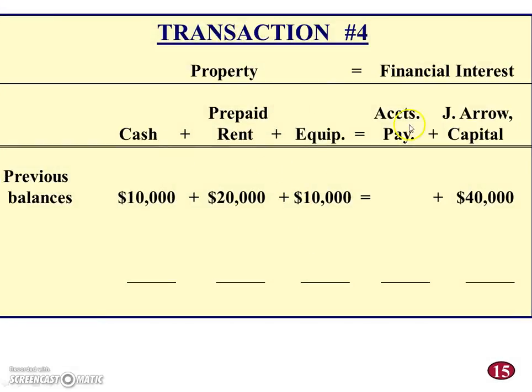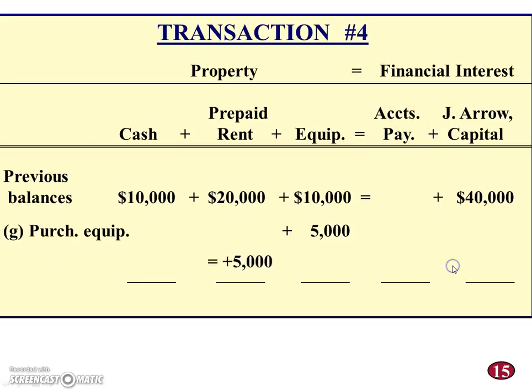Now let's take a look at this equation. So before, he had 10,000 in cash, 20,000 in asset and prepaid rent, and then equipment worth 10,000. And then the value of the business is ownership. It's worth 40. Now, he's purchased more equipment for 5,000. And because he hasn't paid for it yet, and he needs to pay it, this is what we call the accounts payable.